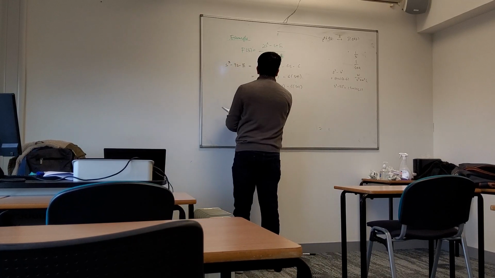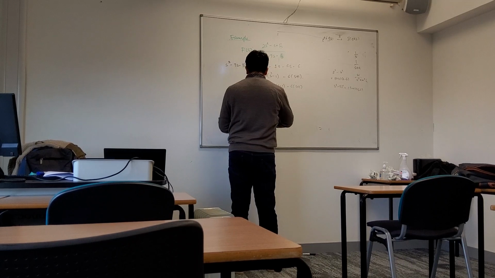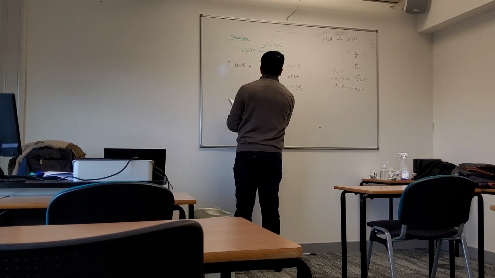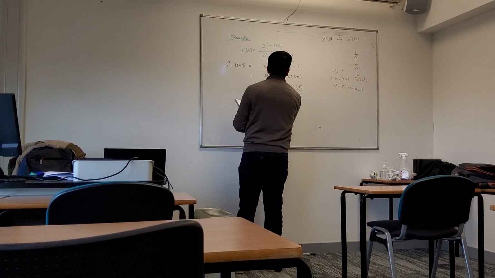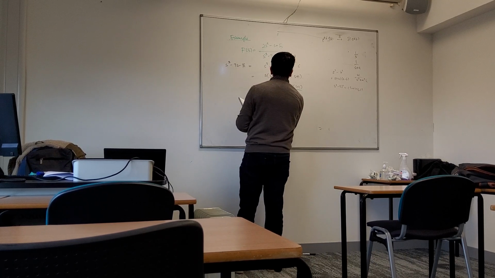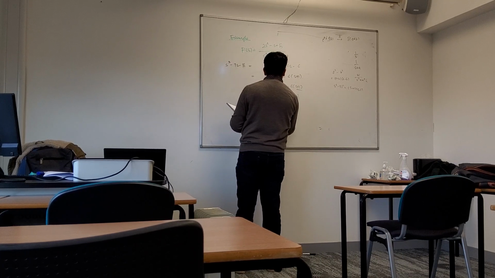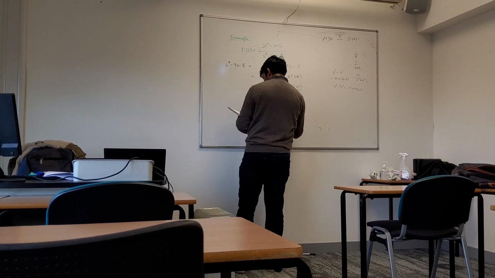If I take s plus 1 common, it would be s plus 1 times s squared minus s minus 6.